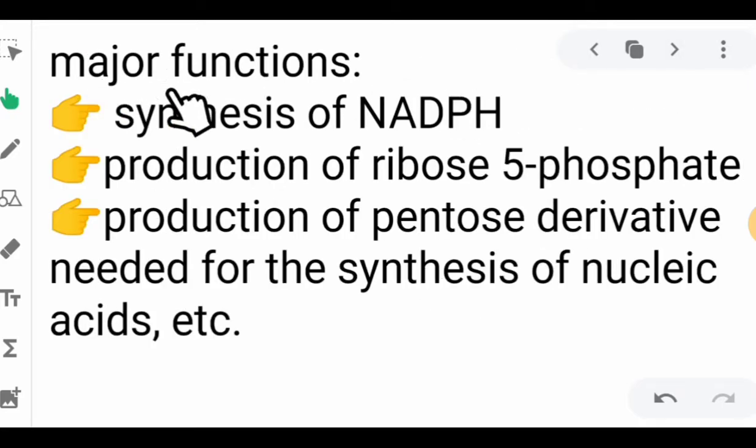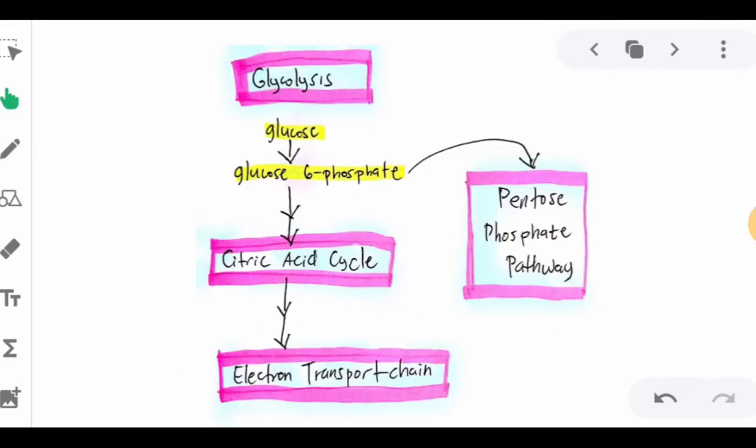And then the major functions of PPP are the synthesis of the reduced form of nicotinamide adenine dinucleotide phosphate, then also the production of ribose 5-phosphate, which is used in DNA and RNA, then also the production of pentose derivatives needed for the synthesis of nucleic acids, among others.